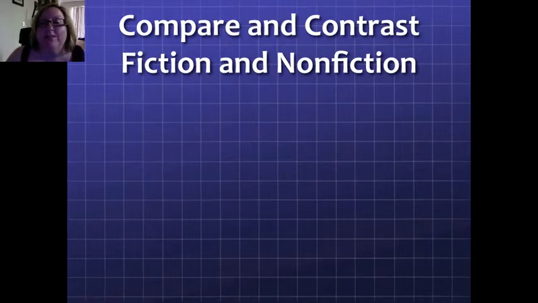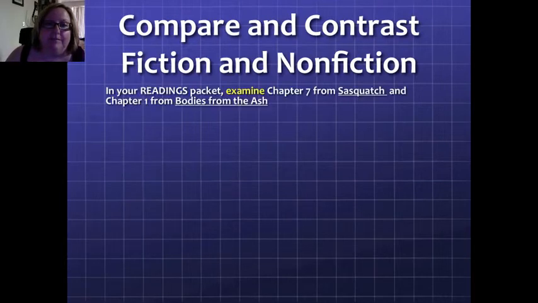Comparing means we're going to see what's the same, and contrasting means we're going to see what is different between fiction and nonfiction writing. So in your readings packet, we have chapter 7 from a fiction novel called Sasquatch, and we have chapter 1 from a nonfiction work called Bodies from the Ash.